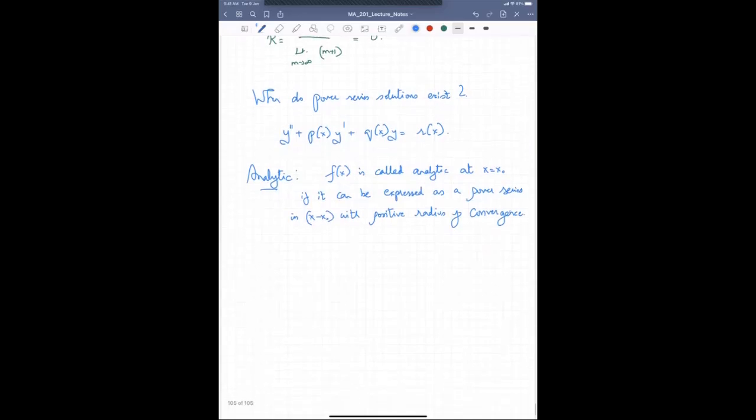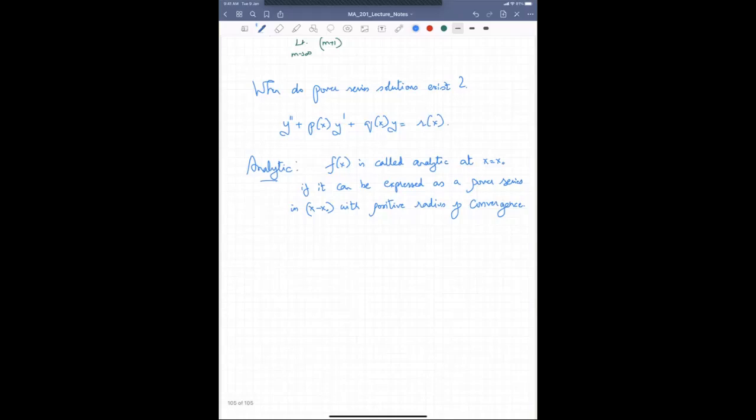Of course, when you actually do complex analysis, you have to look at the Cauchy-Riemann conditions and make sure they are satisfied. But built into all this is the simple assumption that, if you have a function of a complex variable f of z equals 1 over z, this function is certainly not analytic at z equal to 0 because it blows up. So it doesn't admit a power series around z equal to 0. This is the notion that we import in the case of real functions, and we simply say that f of x is called analytic at x equal to x0 if around that point I can express it as a power series in x minus x0.